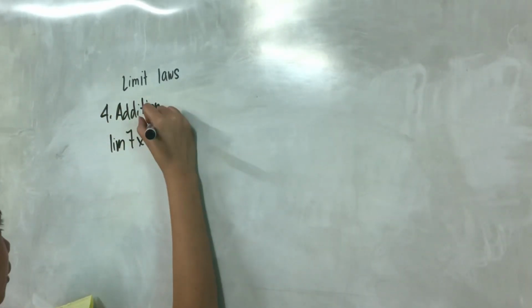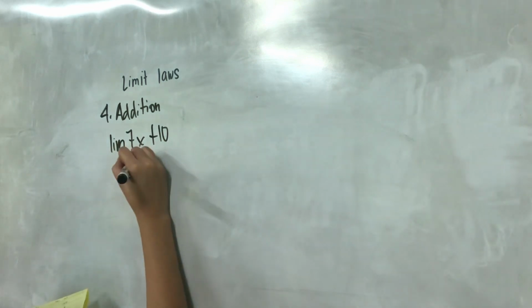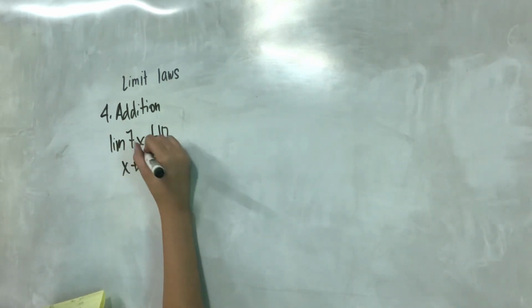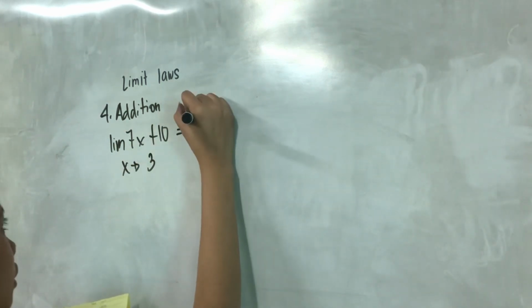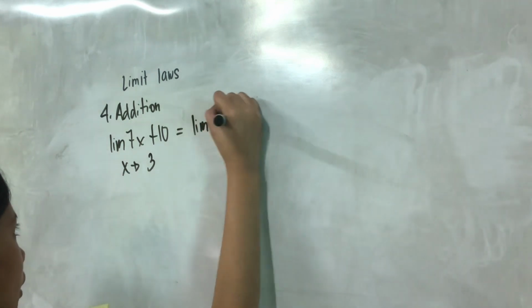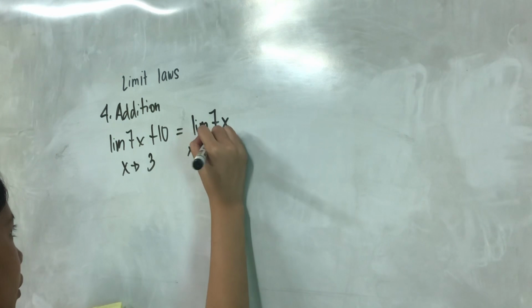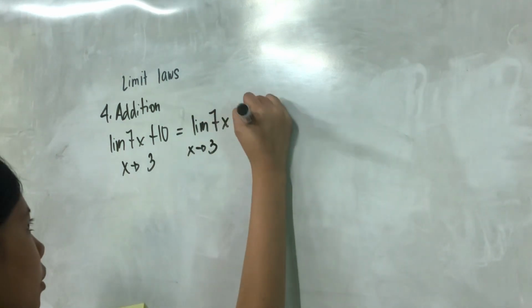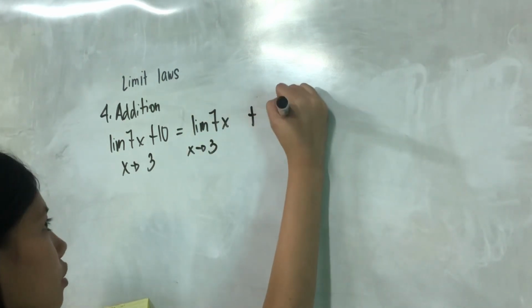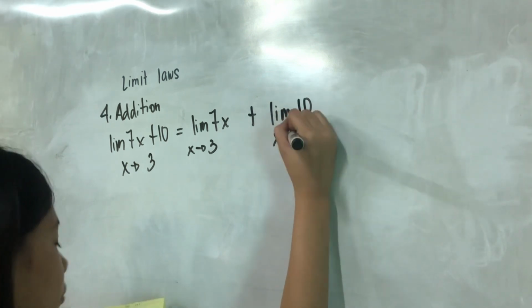The limit of 7x plus 10 while x is approaching 3 is equal to the limit of 7x plus the limit of 10 while x is approaching 3.